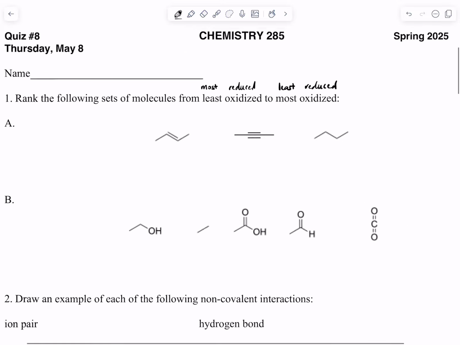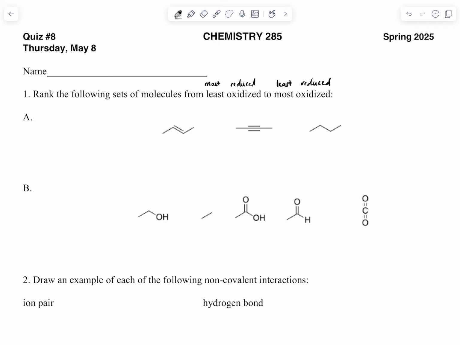So remember, for reduction, you're looking for an increase in the number of CH bonds or a decrease in the number of CZ bonds. For oxidation, you're looking for a decrease in the number of CH bonds and an increase in the number of CO bonds or CZ bonds.